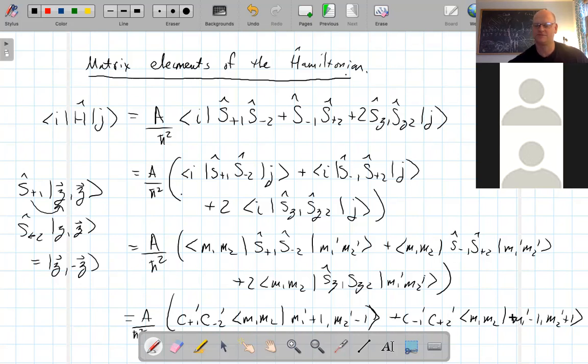But remember this bottom term here, when I act SZ onto it, it just pulls out M1 and M2, times an H bar squared, or times an H bar. So this last one is going to give me a plus 2 H bar squared M1 prime M2 prime times the inner product between M1 M2 with M1 prime M2 prime.